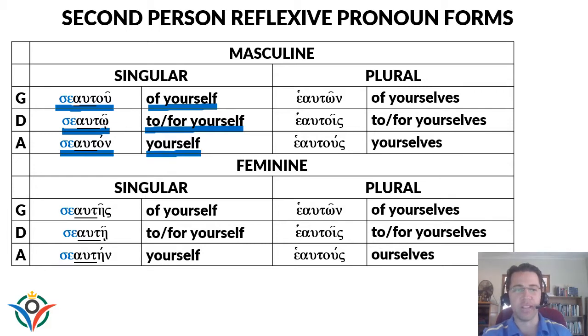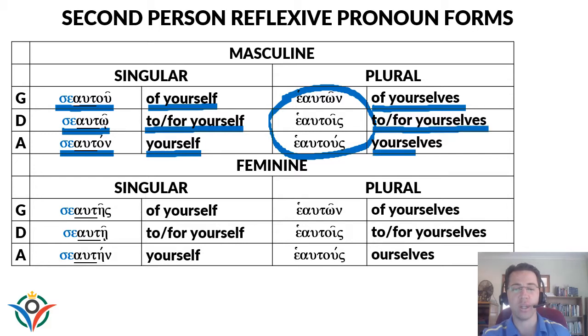And regarding the plural forms, they are the same again, except that we are to translate them now as heautōn, of yourselves, heautois, to or for yourselves, and heautous, yourselves. And then the feminine singular forms, our genitive singular is seautēs, dative singular seautē, and the accusative singular seautēn.